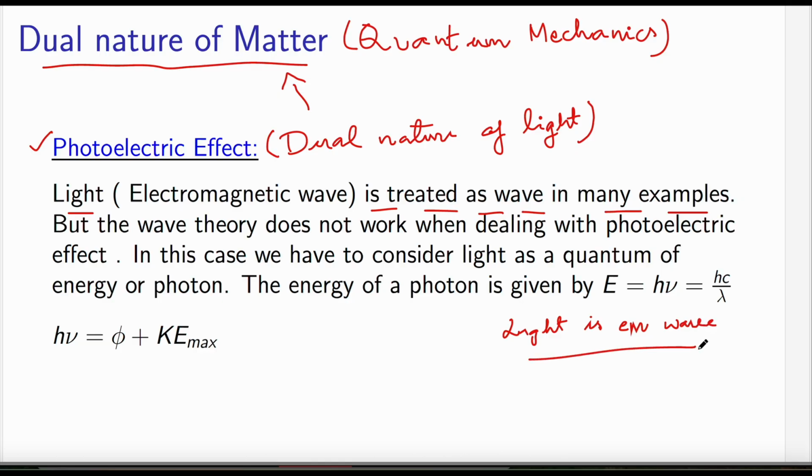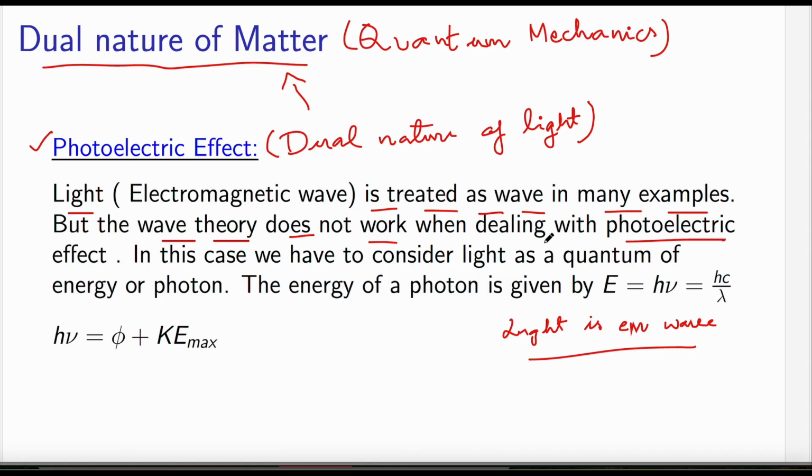This is the classical picture, but there are experiments in which the wave theory of light does not work. A particular example where the wave theory of light does not work at all is the photoelectric effect.